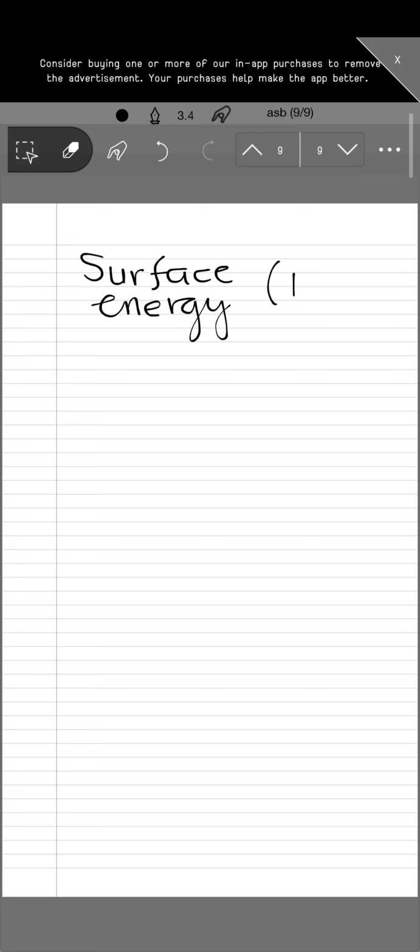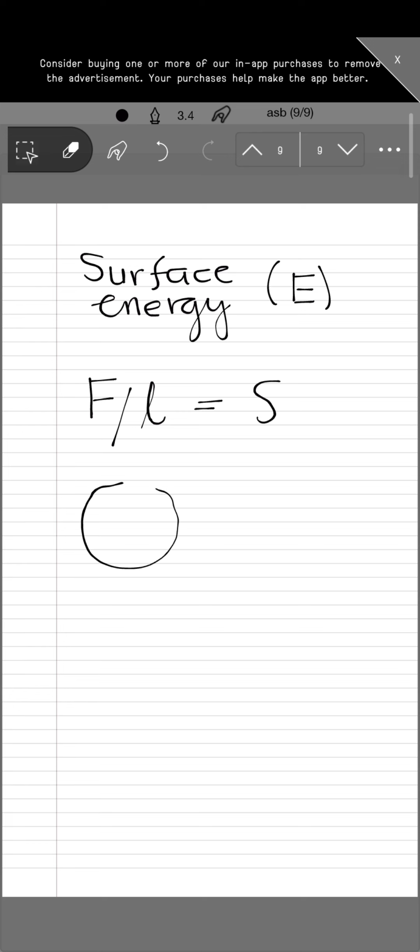Let's call it E. A force is present, force per unit length, which we have called the surface tension. Now if a liquid surface exists, it means that work has been done against the existing force.